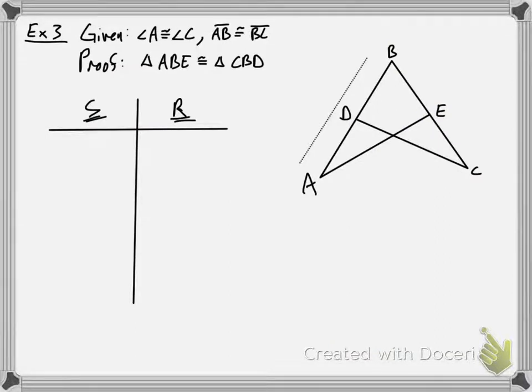Okay, so the first proof that we're going to work with here is the transformer symbol. And when we're working with proofs that have overlapping triangles, one thing that I recommend to you guys is to draw the two triangles separately. So we have ABE, that's one of the triangles that we're working with. That would be this left-hand triangle. And I'm going to redraw this. It doesn't have to be a perfect match.